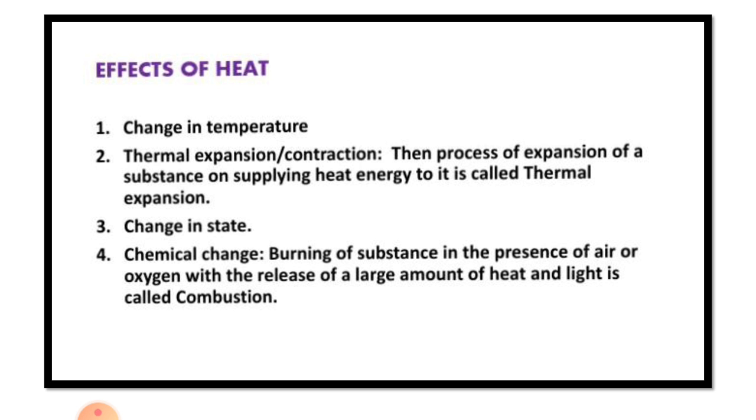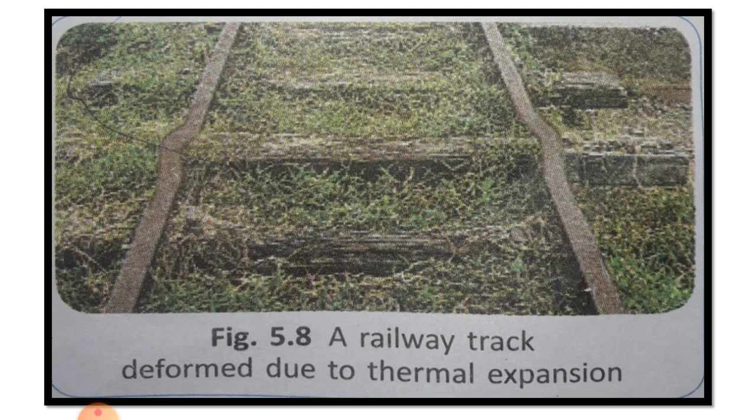On the other hand, a substance contracts on cooling. You can see in the picture a railway track deformed due to thermal expansion. That is why we give some space or gap between the railway tracks. Why? Because during summer it gets expanded, so the gap is there in order to adjust to that change.